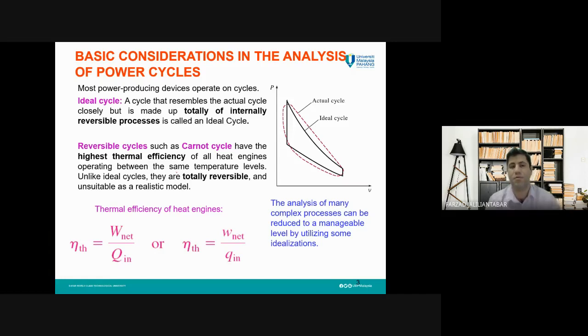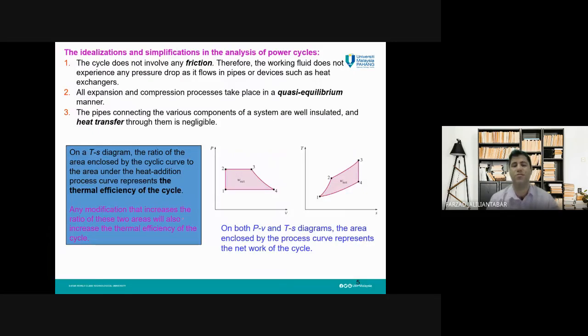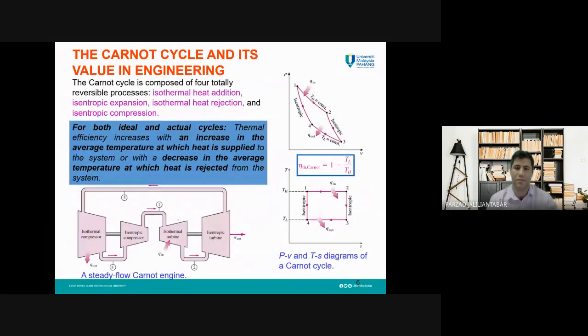I discussed the Carnot cycle, why it is important, and how we can calculate its efficiency. I told you that the efficiency of the Carnot cycle depends only on the temperature of the heat source and heat sink. Today we are going to continue our discussion.